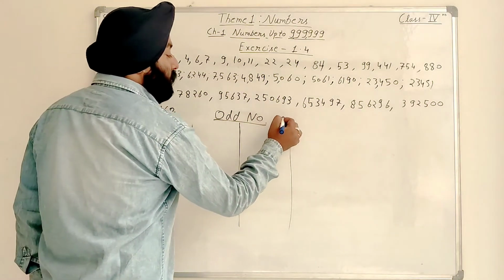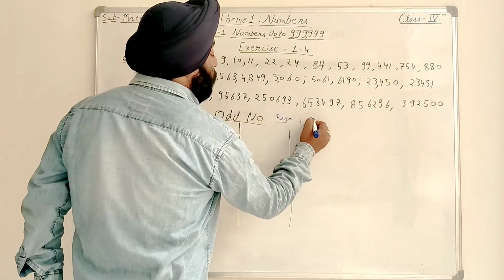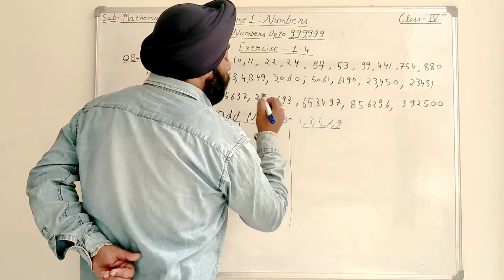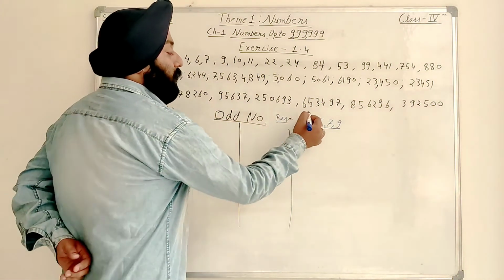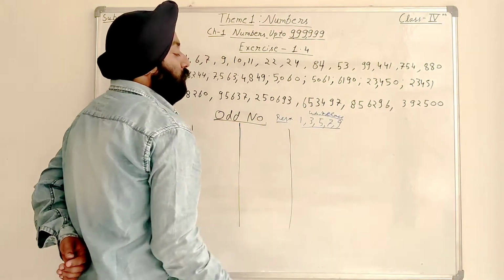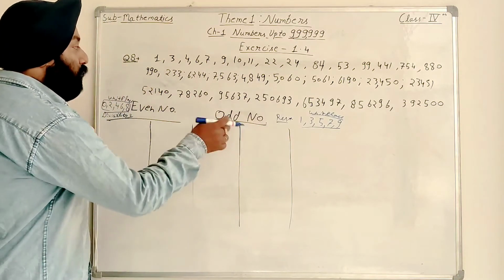And the odd numbers are the rest, like 1, 3, 5, 7, 9. They are the odd numbers. In the unit place, if we have 1, 3, 5, 7, 9, then this is an odd number.